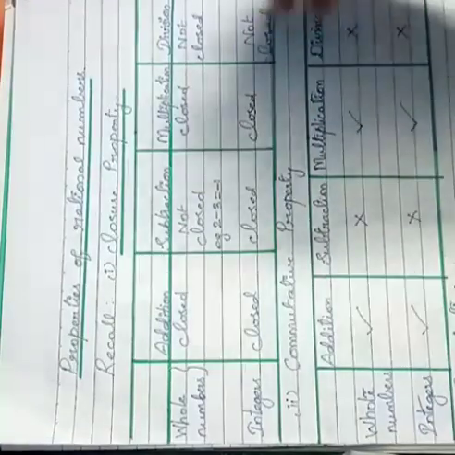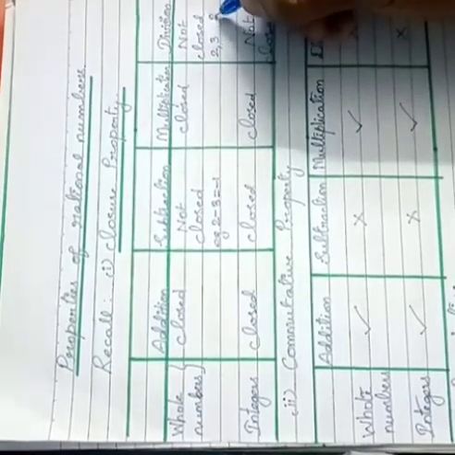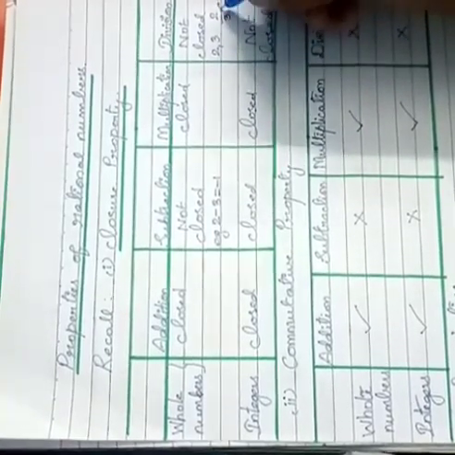For example, consider the same two numbers 2 and 3. When you divide, we are getting 2 by 3, which is not an element in the set of all whole numbers. Hope you might have understood what is a closure property.